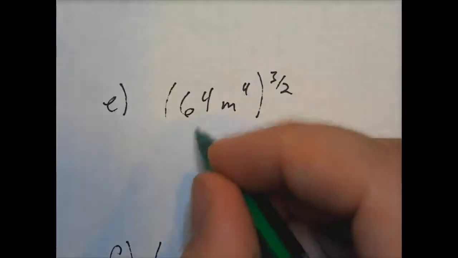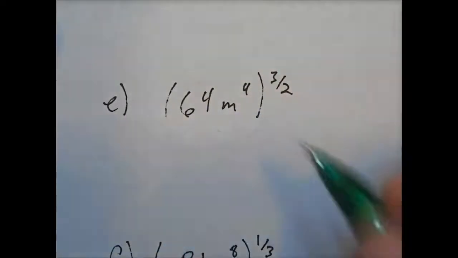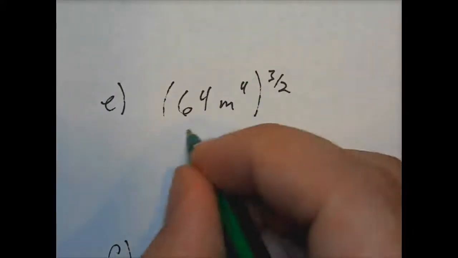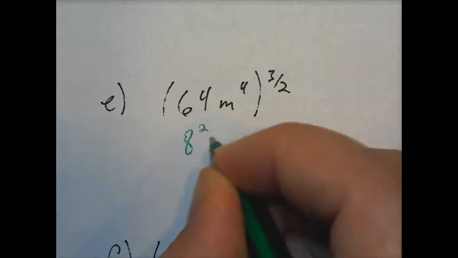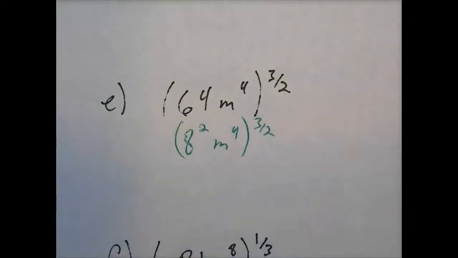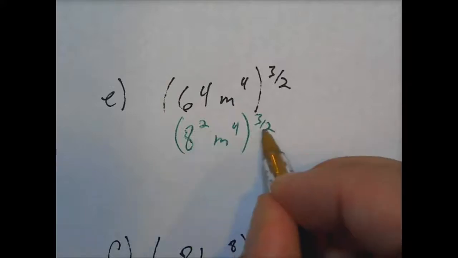So 64, we don't have to go all the way to 2 to the fifth, 2 to the sixth. If you want, we can make this 8 squared, m to the fourth, 3 over 2. So the reason I made it 8 squared instead of 2 to the sixth was because I noticed this fraction right here has a denominator of 2.